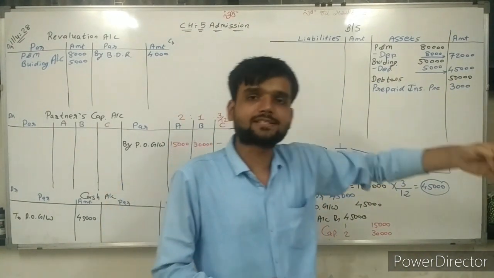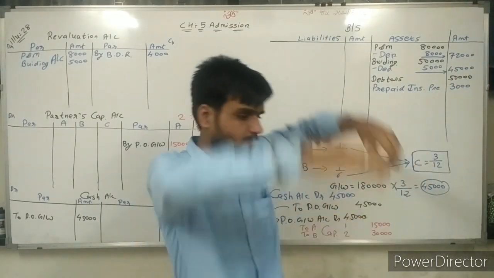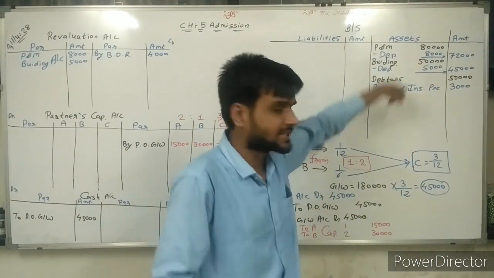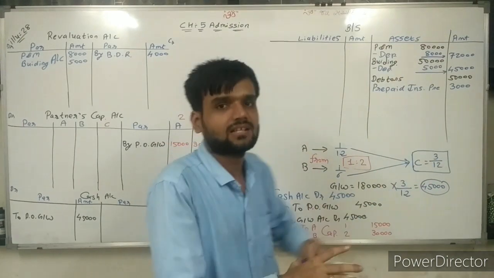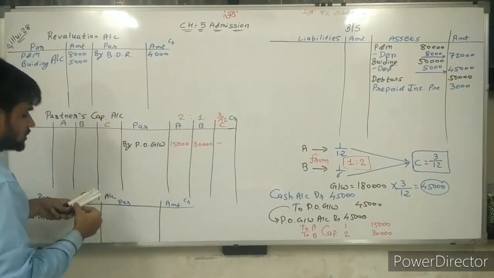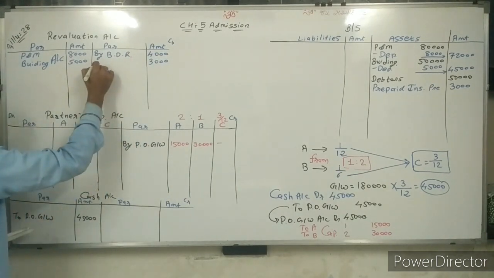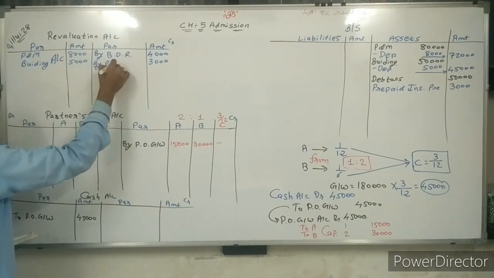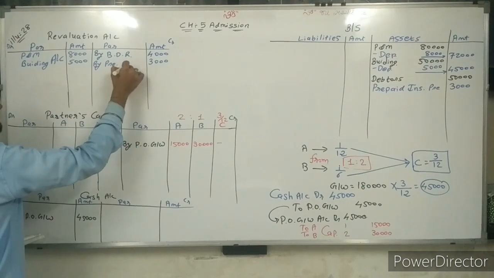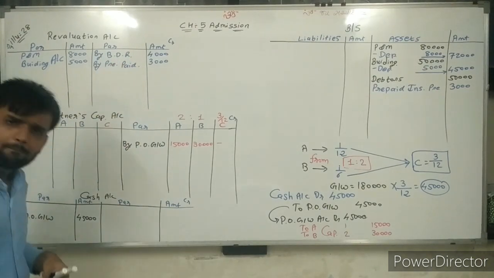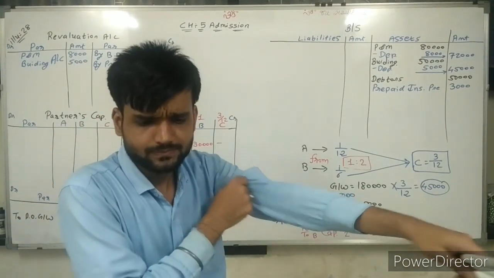Because carried forward to next year, it means next year's insurance premium is paid today. It is my asset. Asset increase. Revaluation account credit, 3,000 by prepaid insurance premium. Simple.